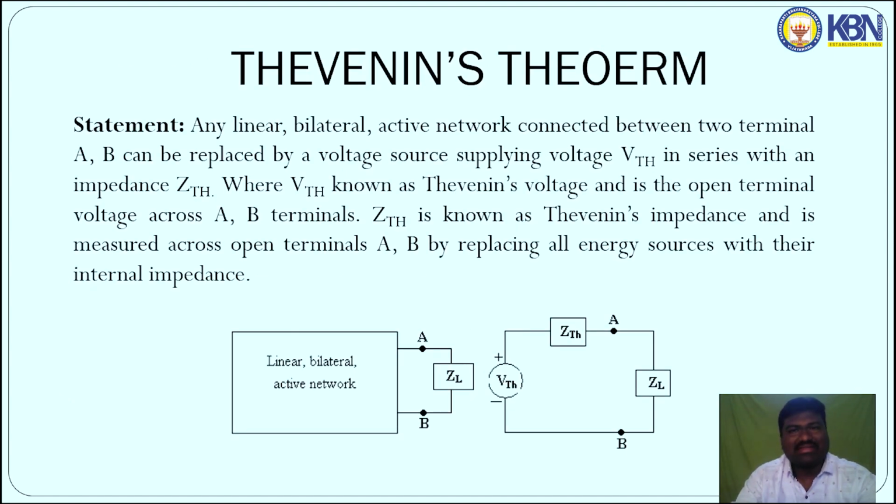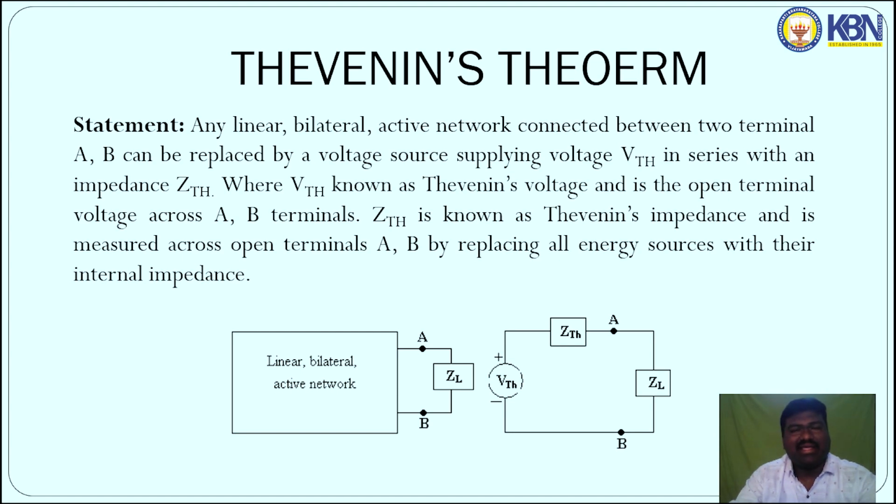Next one, we are discussing Thevenin's theorem. Here, the Thevenin's equivalent circuit is shown in figure B and the main circuit is shown in figure A. Figure A represents a linear bilateral active network and figure B represents the equivalent circuit.